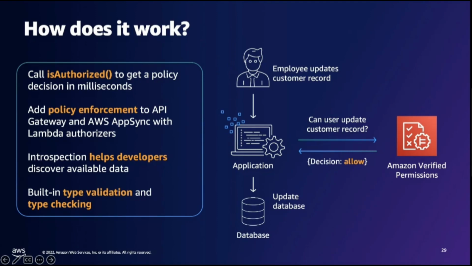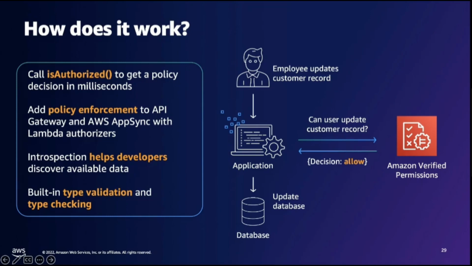With Amazon Verified Permissions, all you have to do is define your policies. You define what needs to happen for particular users, and the attributes that users need to have in order to access certain things.